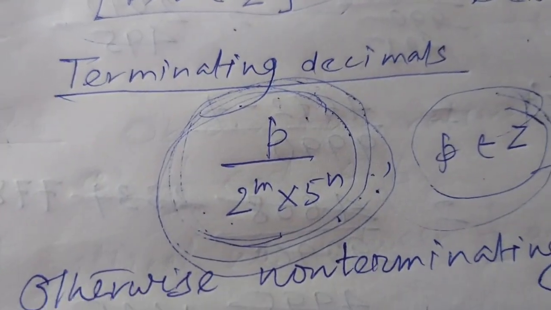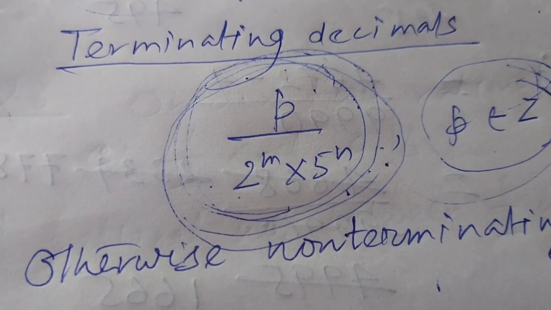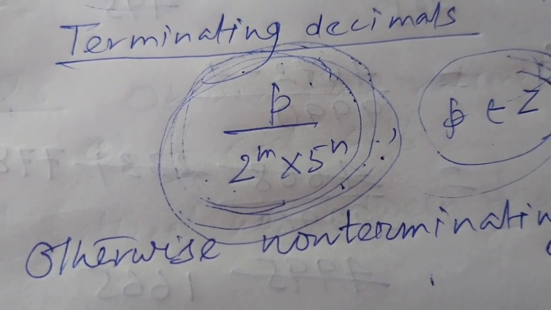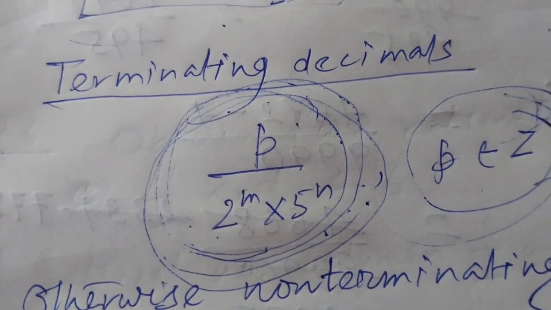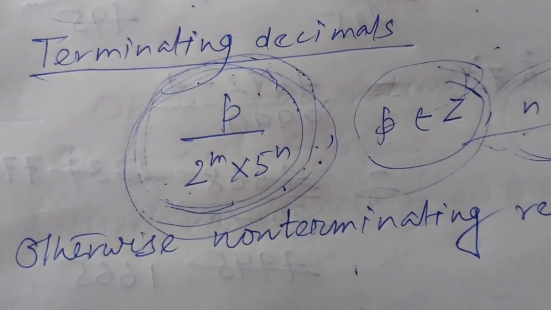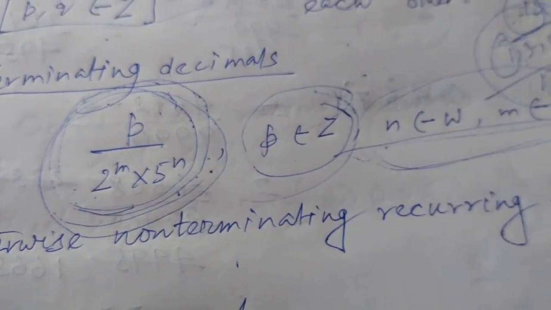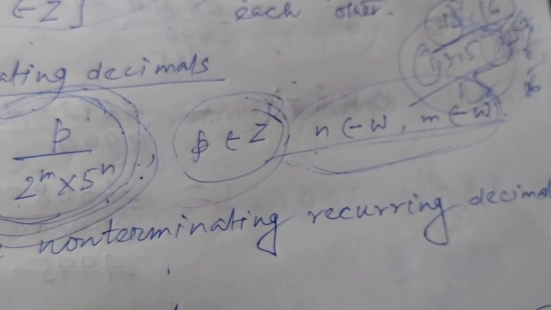Otherwise, if the fraction cannot be expressed in the form p by 2 to the power m into 5 to the power n, then it will be a non-terminating recurring decimal.